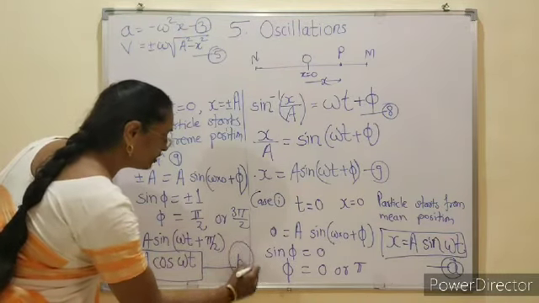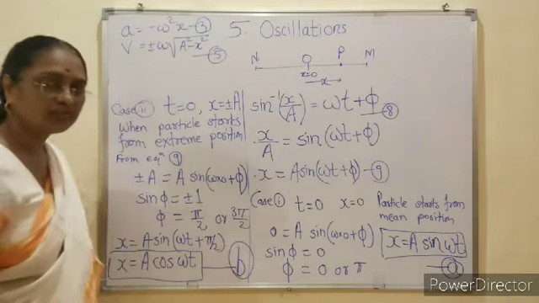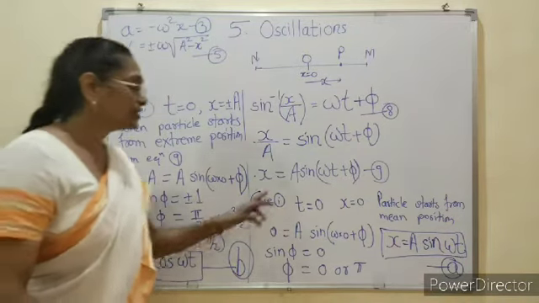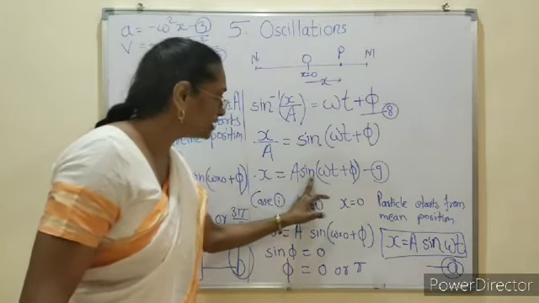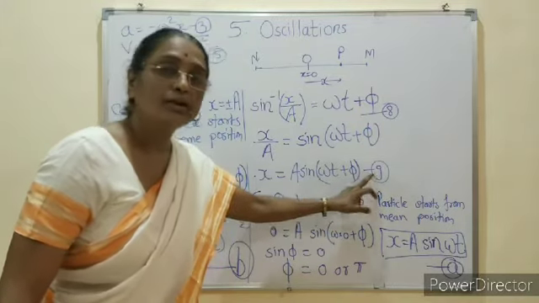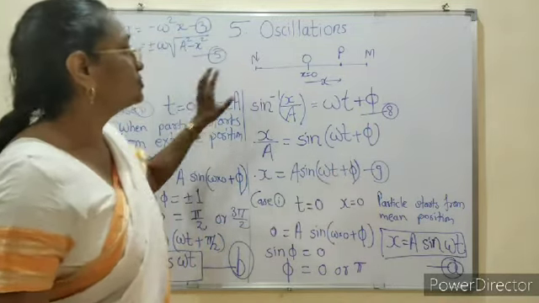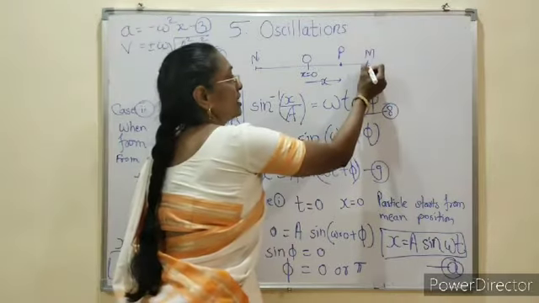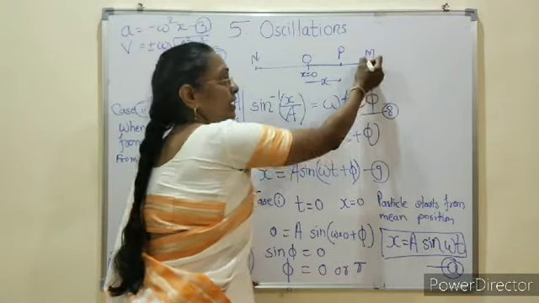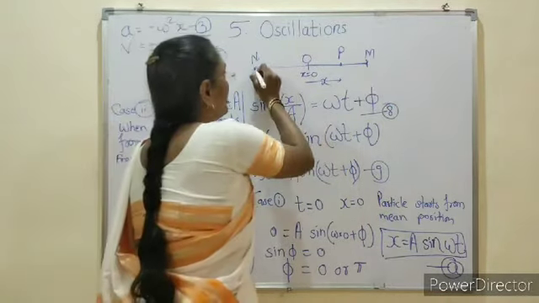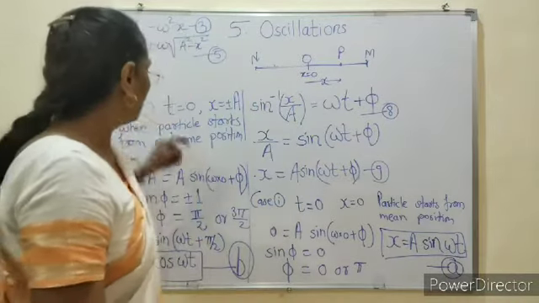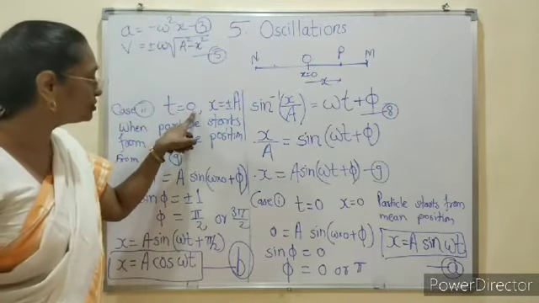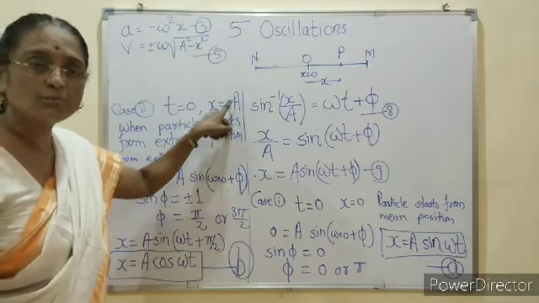This is the modified equation or new form of the equation. It can be denoted by B. The original equation is x is equal to a sin(omega t plus phi). But when we observe the particle starting from right extreme position or left extreme position, then we take time instant 0, x is equal to plus a or minus a.